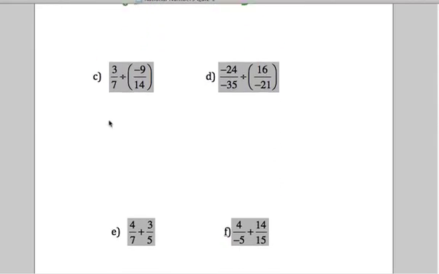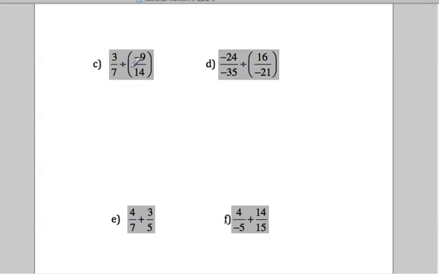Now, to divide fractions, what you need to do is multiply the fraction by the reciprocal. So this stays as 3 over 7. We change this to times, and it's going to be 14 over negative 9. This is a positive times a negative, so the answer is going to be negative.